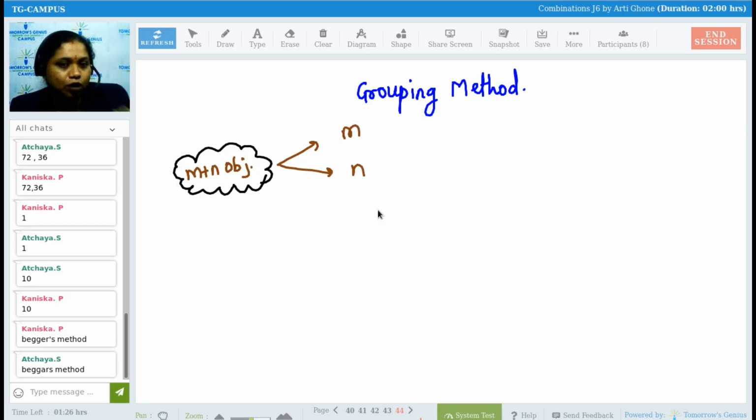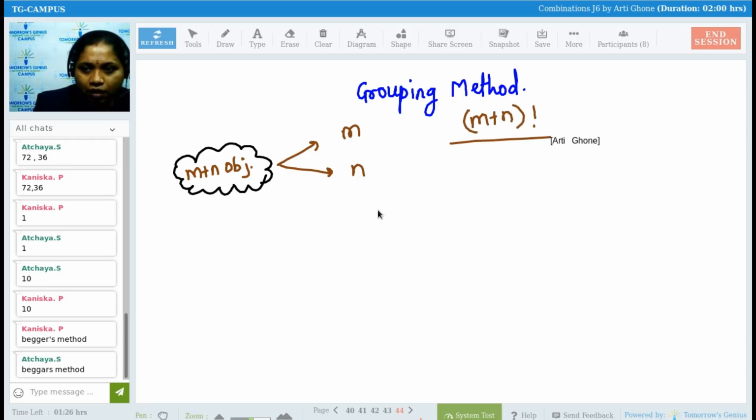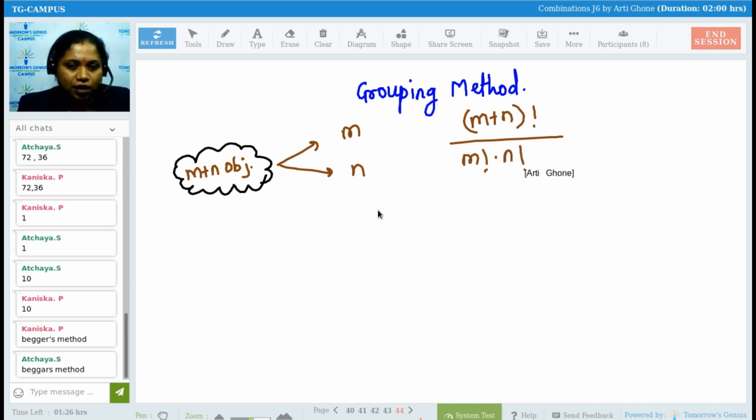Like if I have 7 objects and they are divided into 5 and 2, so those are different values. Clear? So for different values, it can be done in (m plus n) factorial upon m factorial into n factorial. This is the first formula: m plus n objects divided into two groups, an m-objects group and an n-objects group, then it is (m plus n) factorial upon m factorial into n factorial.